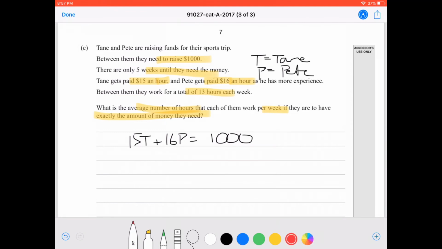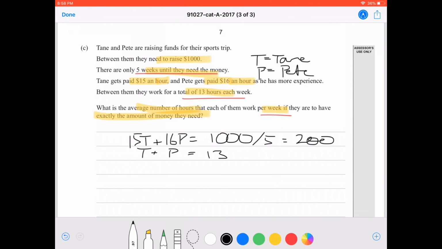So per week, and it says they only have 5 weeks until they need the money, so it's actually 1,000 over 5, which is 200. Okay, that's our first equation. Our second equation is looking at it in terms of hours. You could say T plus P equals 13. That's the total hours each week. Okay, and so we've got our two equations. We can do simultaneous equations here.